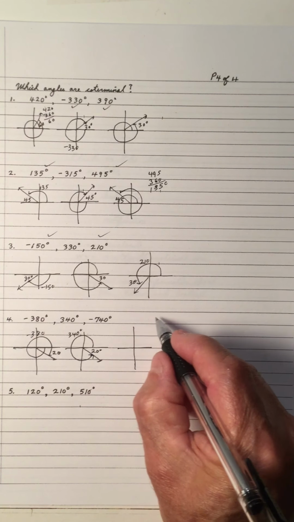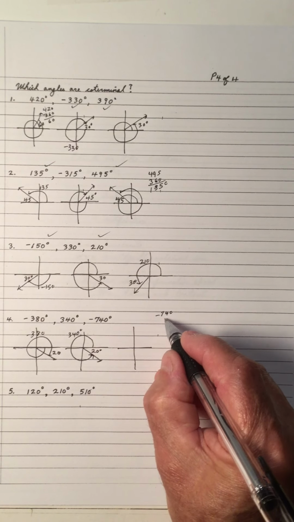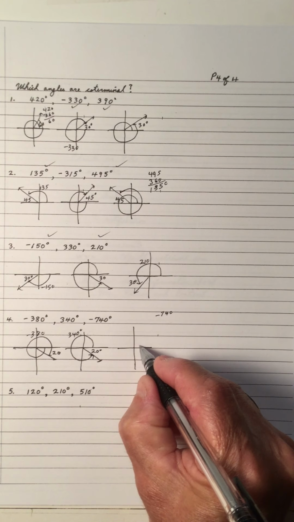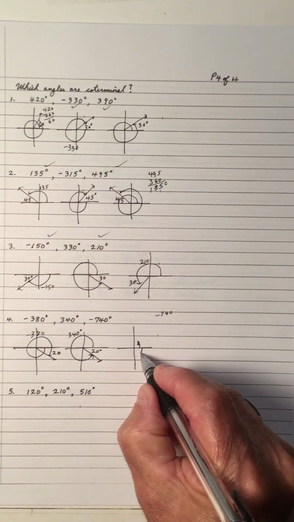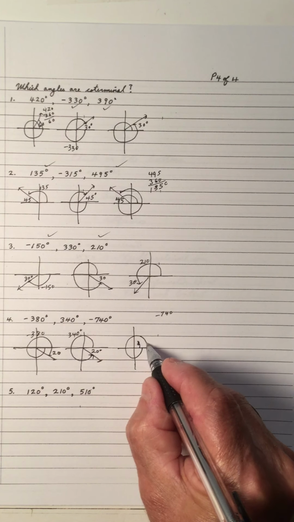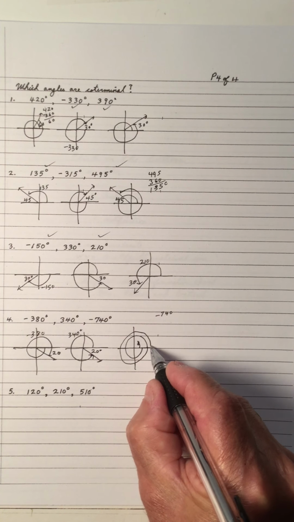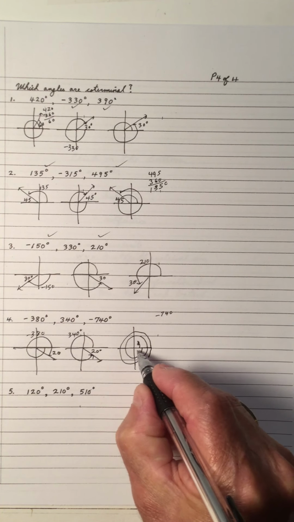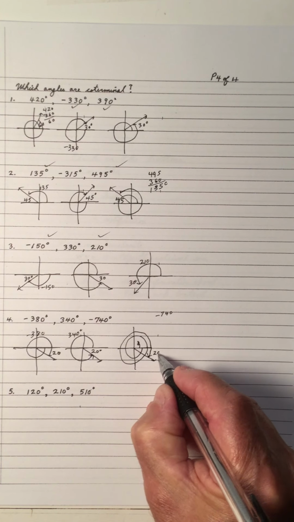And negative 740 is kind of large, so I have to go negative. So here we go. Negative 360, negative 720, and 20 more. So that's a 20 reference.